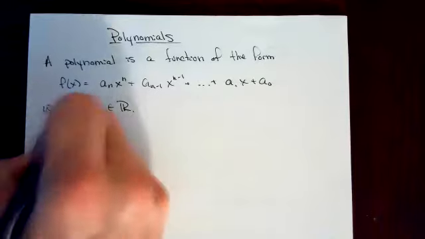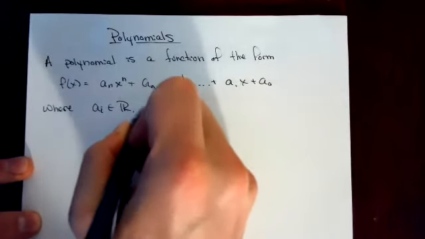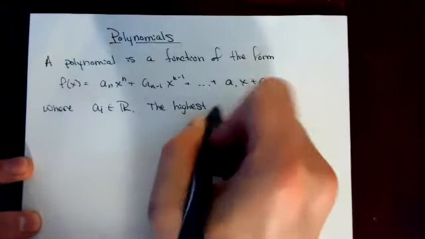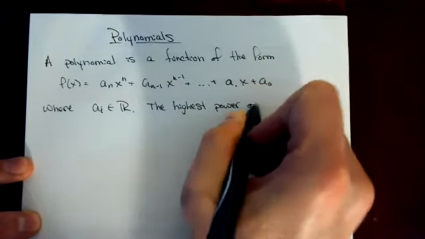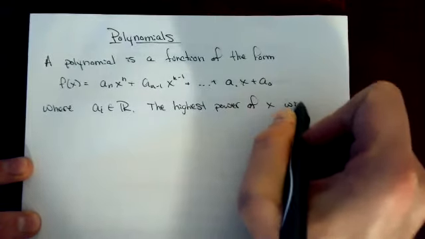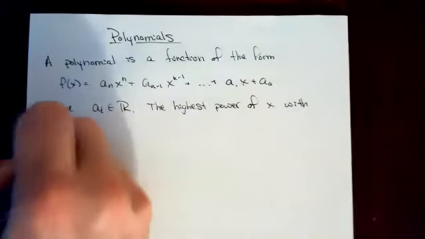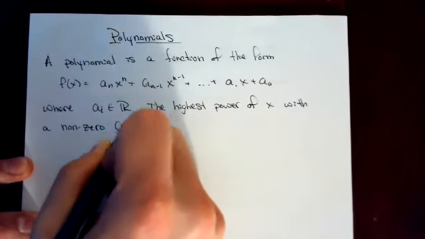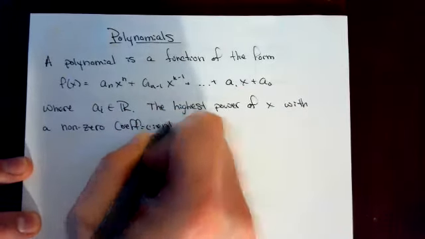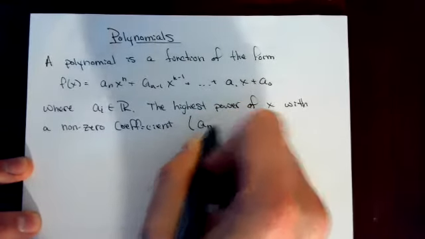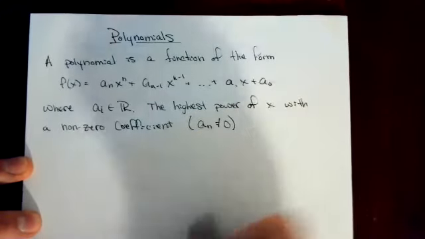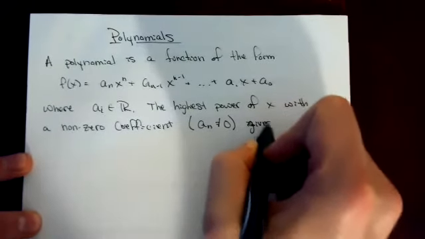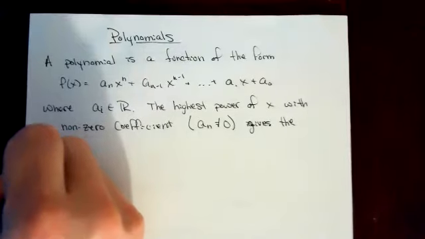So we note that the highest power with a non-zero coefficient, we usually write this as a_n is non-zero, gives the degree of the polynomial.